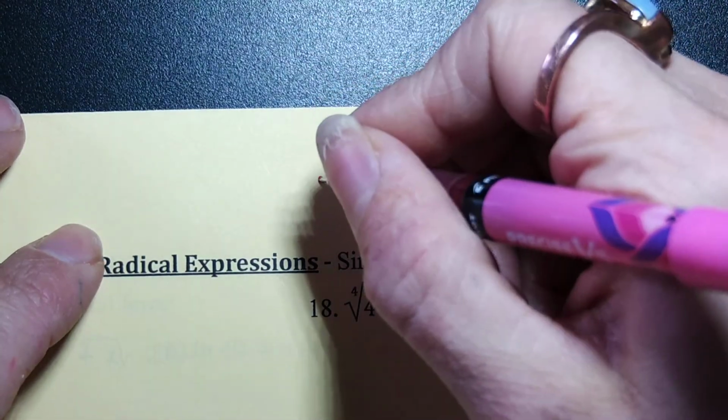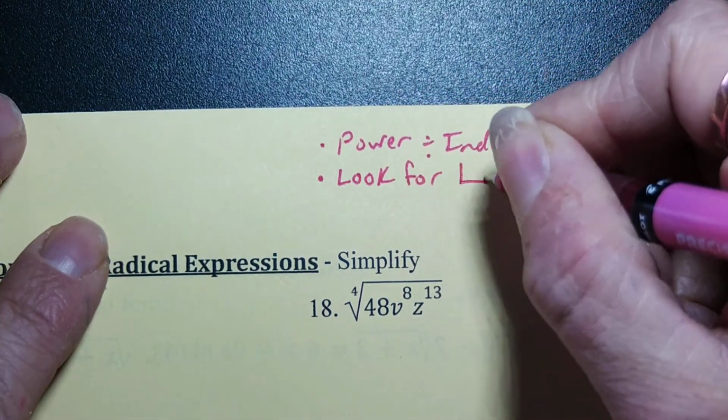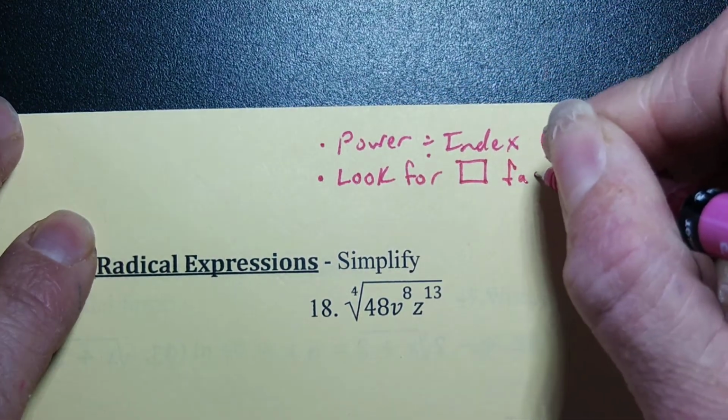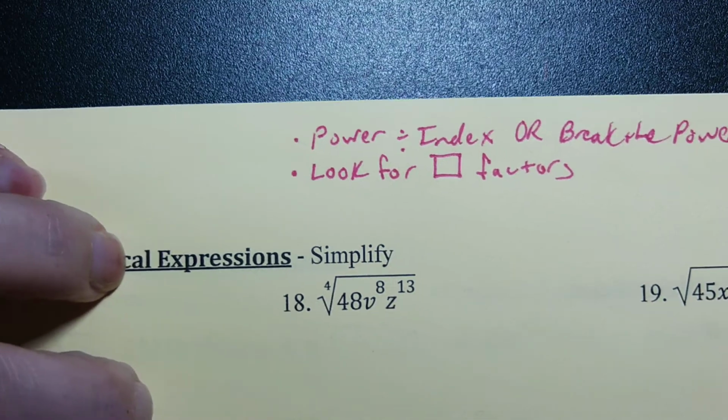You will also look for perfect square factors. You will be given the perfect square sheet to use on your finals, so you don't have to have that memorized. You will be able to use that on the test.